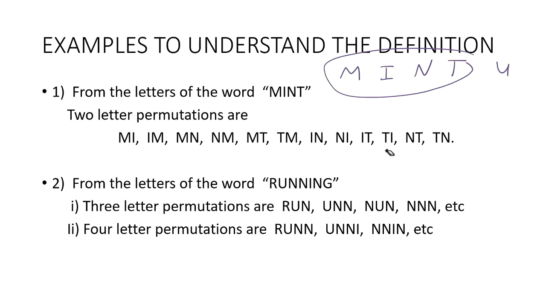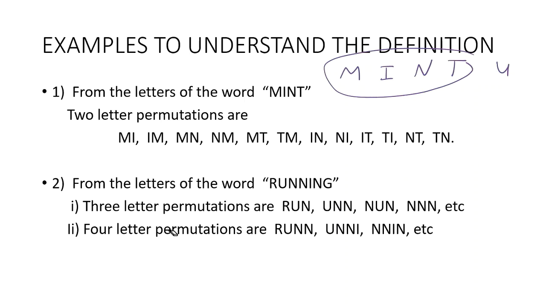In this chapter we have to count how many permutations there are. We can count the number of permutations only if we can write down all the permutations, or we have to develop some techniques. If you don't know the techniques, you have to list down all the different two-letter permutations and then count.